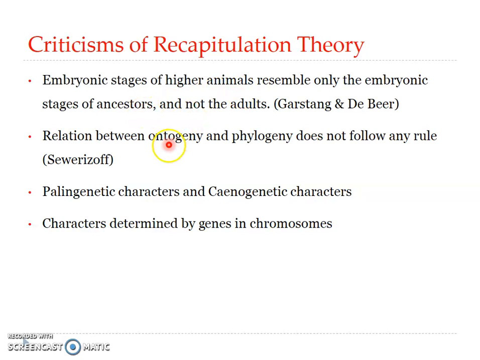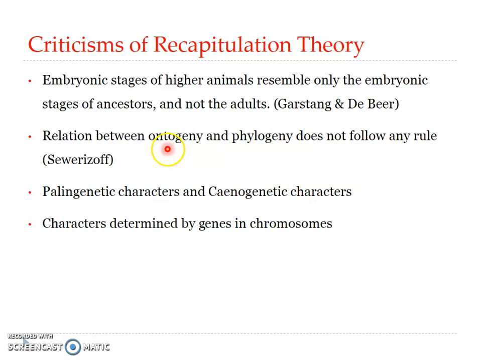So here it says that embryonic stages of higher animals resemble only the embryonic stages of ancestors and never the adults. Another point was put forward by studies conducted by Russian biologists, and according to them, the developmental stages of an animal may resemble the adult ancestors or the embryonic stages of the ancestors, or may deviate somewhat from either of these, or may bear no resemblance at all.